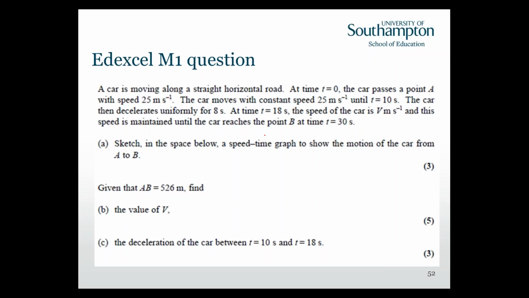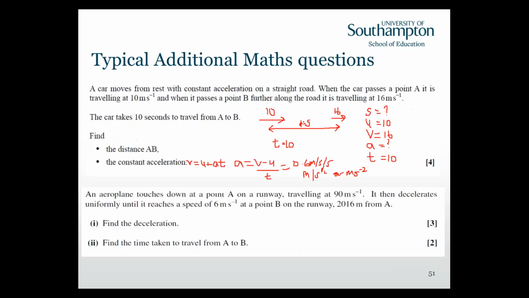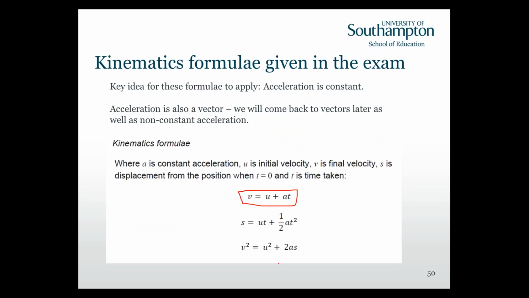And again, it asks for speed time graphs, and then to get them to calculate acceleration or deceleration in this case. So I wasn't going to say a great deal about this really. I've just left these here because I don't know the nature of them at GCSE. All I'm doing really is alerting you to the fact that these are now in the exam.